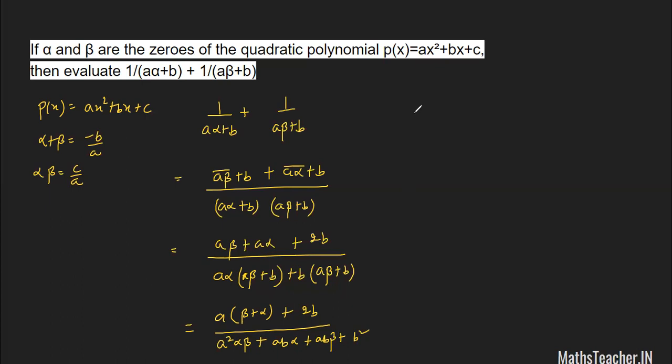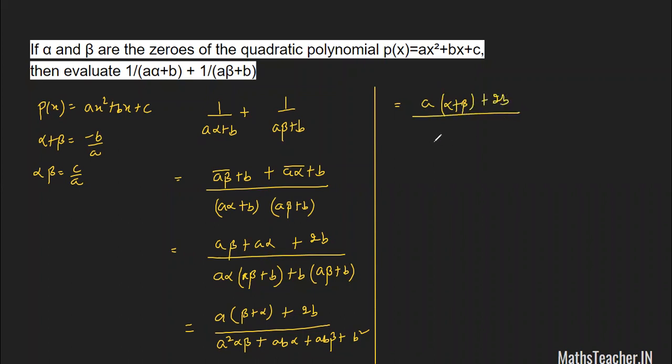Let's move to the next part. In the numerator, a will be as it is. I'm going to write it properly: a(alpha plus beta) plus 2b.